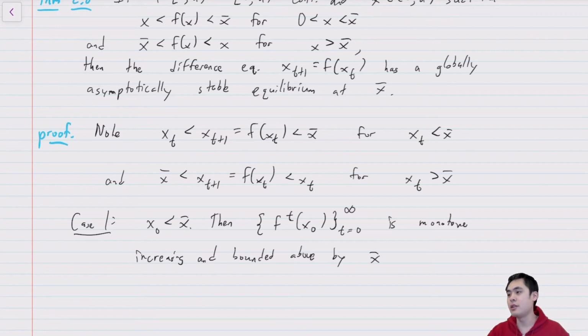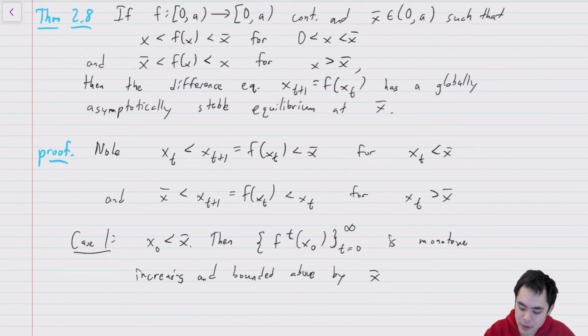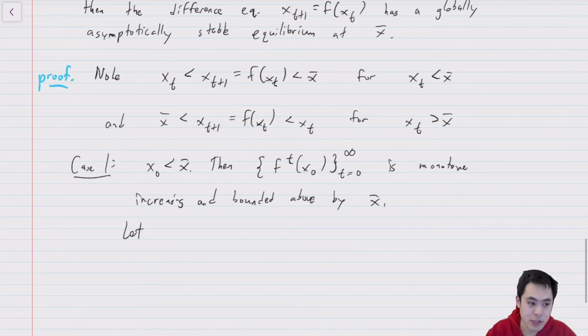Because we said that if you start smaller than x bar, then the function can't ever get up to x bar, because f of x is still smaller than x bar. So it's bounded above by x bar, and so it limits to something.